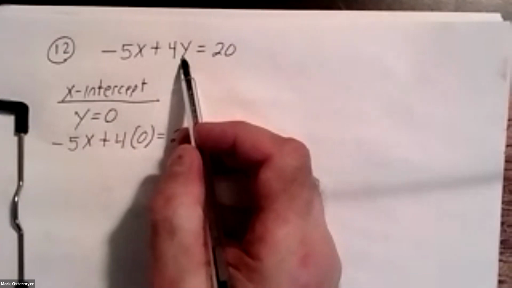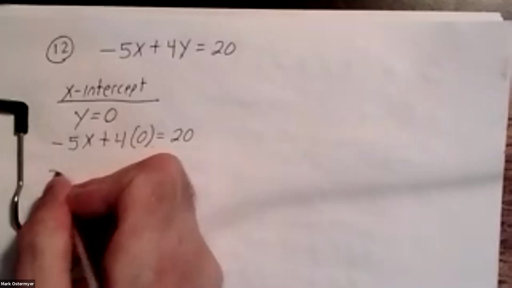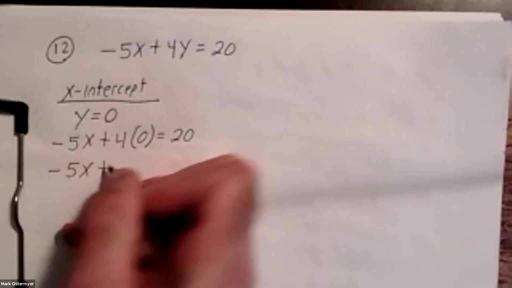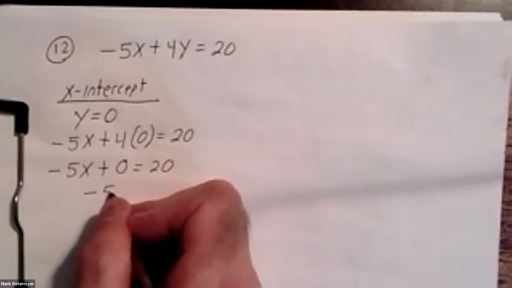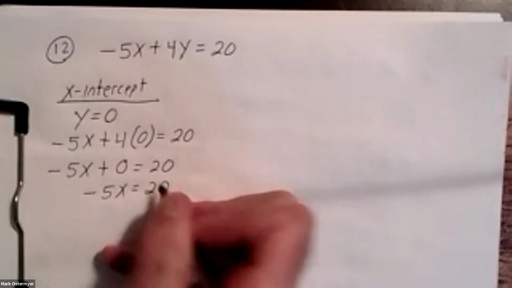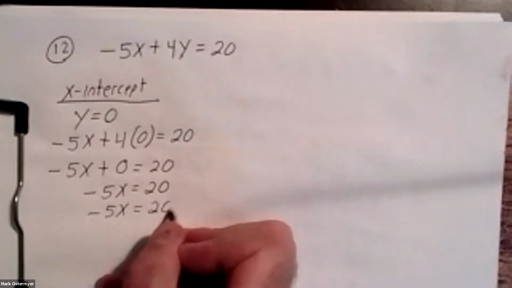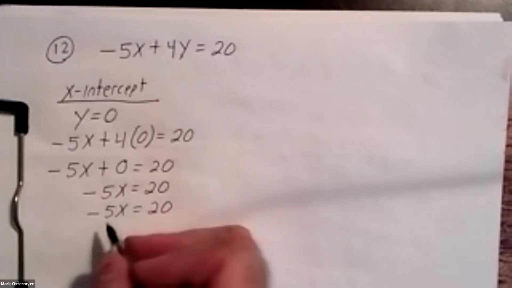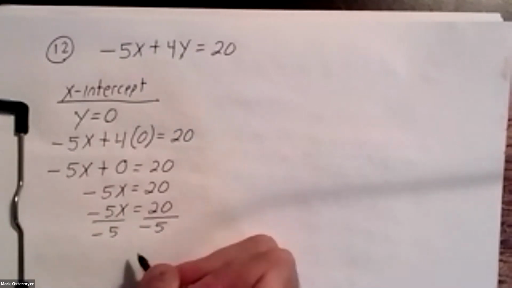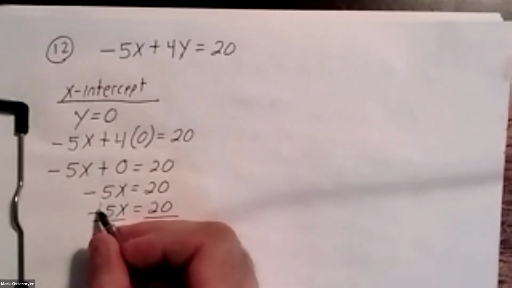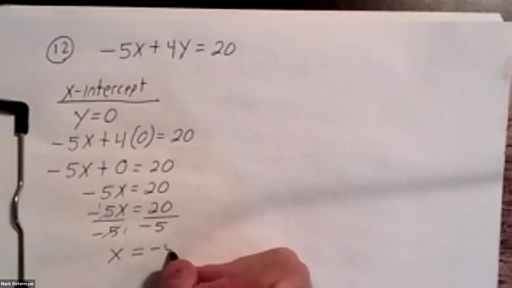Now we must solve for x. 4 times 0 is 0, and -5x plus 0 is -5x. Now how do I get x by itself? Divide by -5. These -5s reduce out to 1, and we're left with x. And 20 divided by -5 is -4.